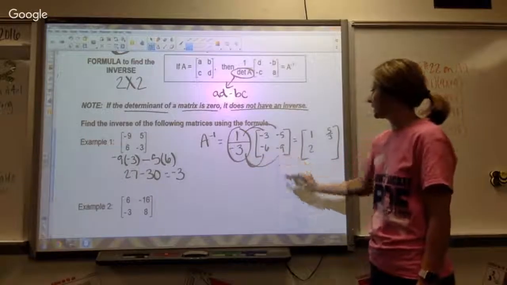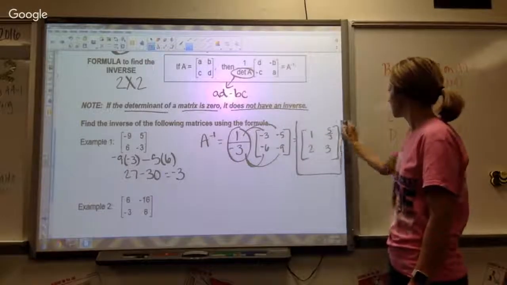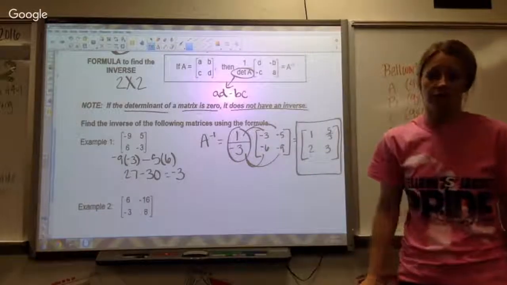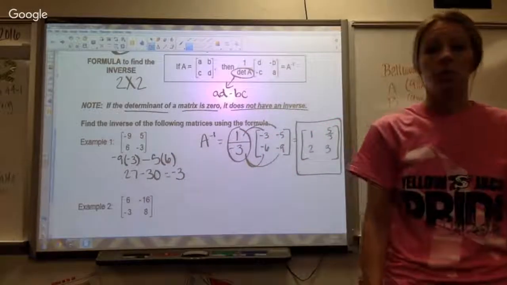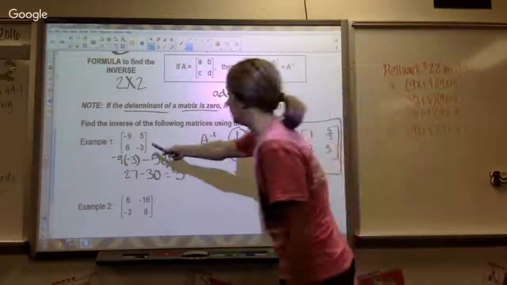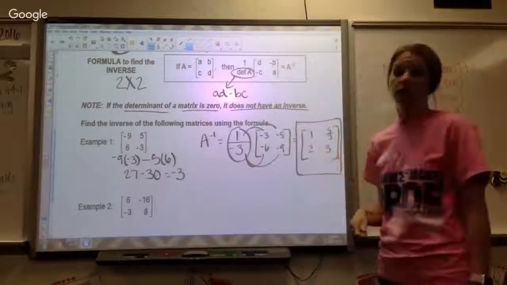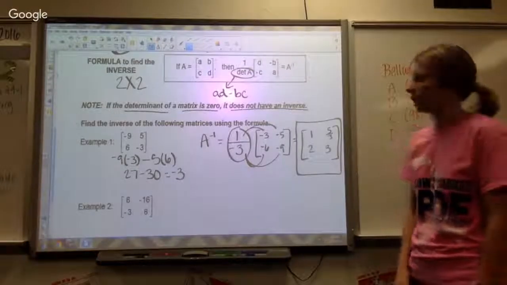Negative 1/3 times negative 9 would give you a positive 3. So there's our inverse of our original matrix. Now, if you wanted to check that it is the correct inverse, remember you can multiply these two together. It should give you the identity matrix if those are inverses of each other. So you can check it by multiplying them.